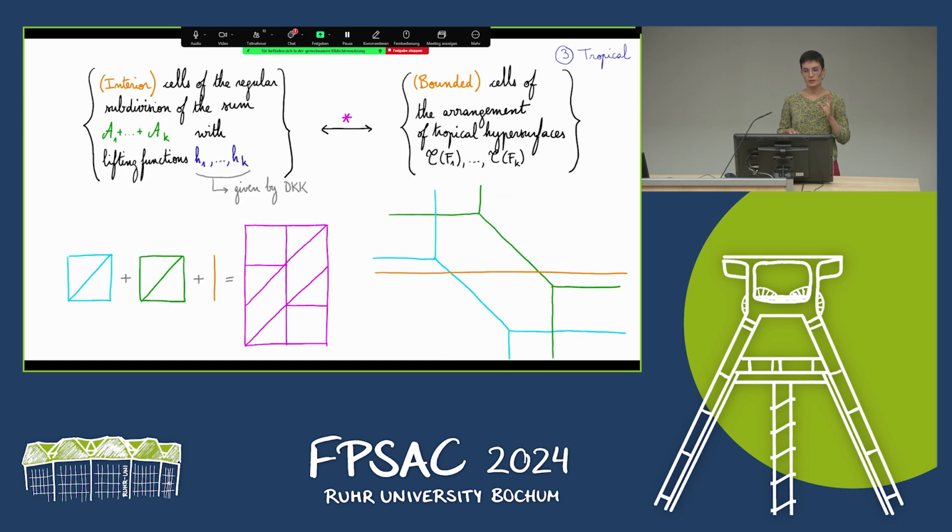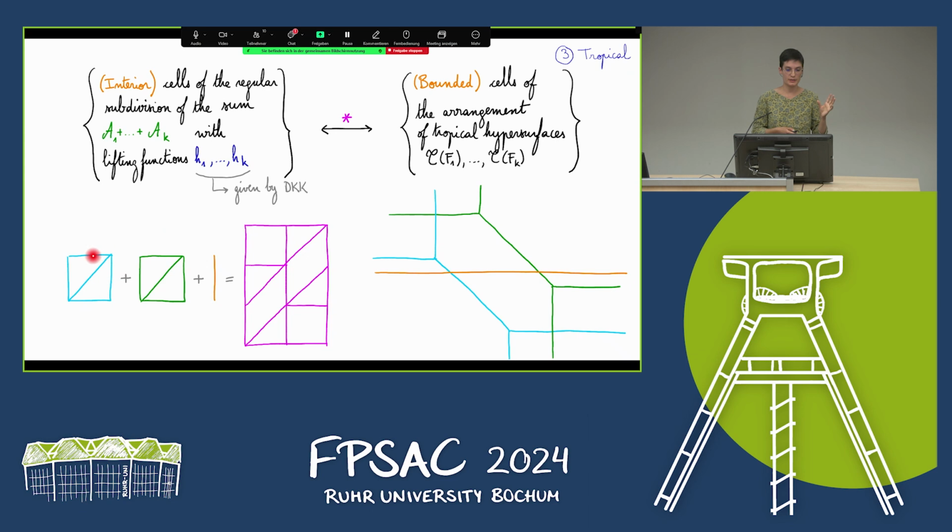Moreover, this tropical dualization process behaves well with the Cayley trick. So when we have a Minkowski sum of point configurations, each with its own lifting function, we will have an arrangement of tropical hypersurfaces. So this is what we do in our case.